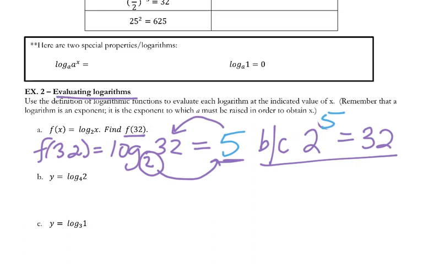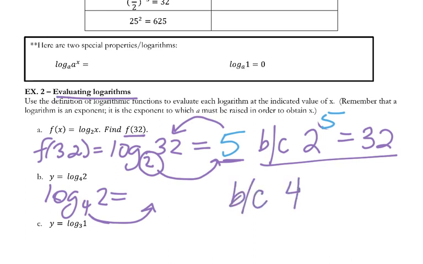Here in 2b, we've got log base 4 of 2. I'm going to take that 4 and use that as my base. So my work is going to say because 4 to the something equals 2. Okay, so what is that something? 4 to what power equals 2?